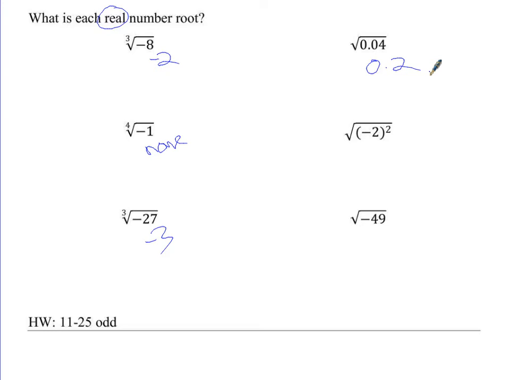What's the next one saying? Okay, so the square root of -2 squared. What should I do? Close. The answer is plus or minus 2. If I square inside first, I get 4.